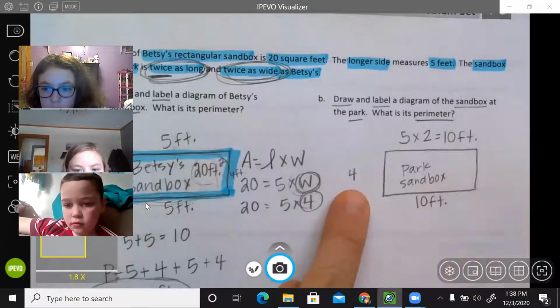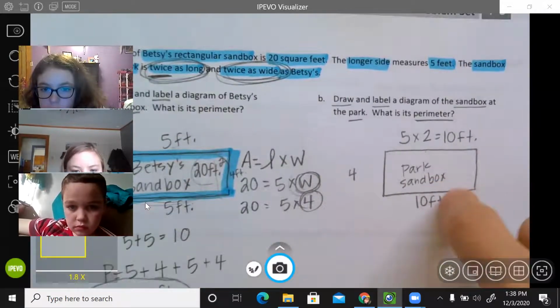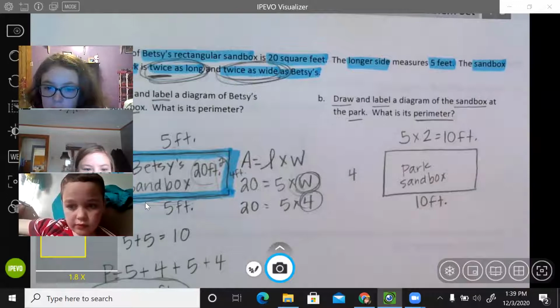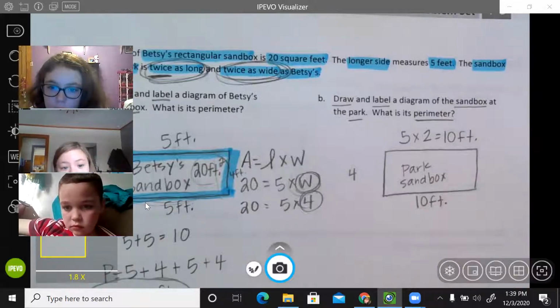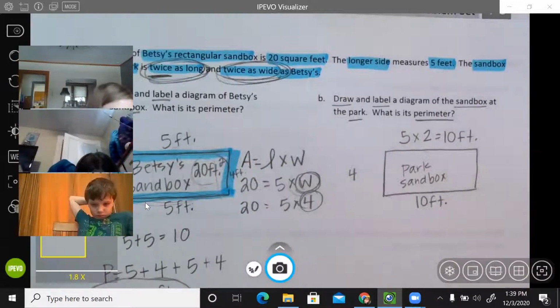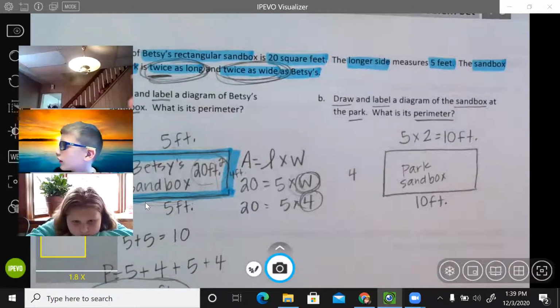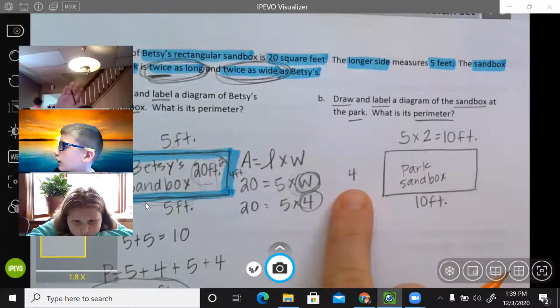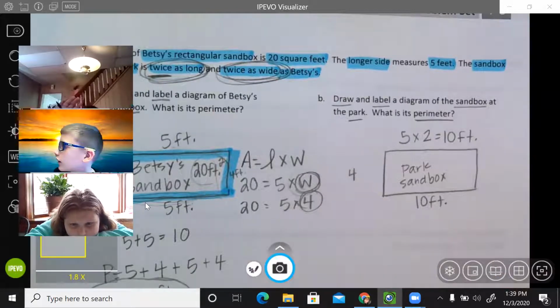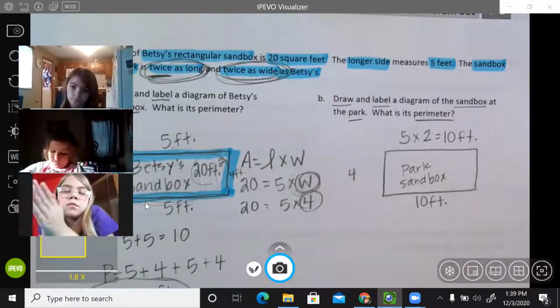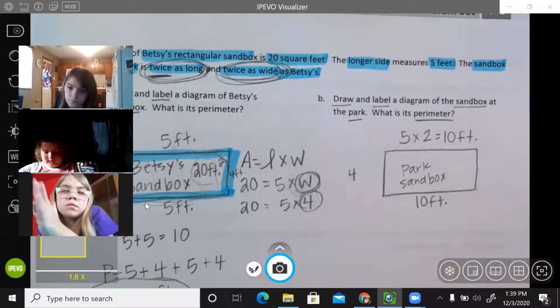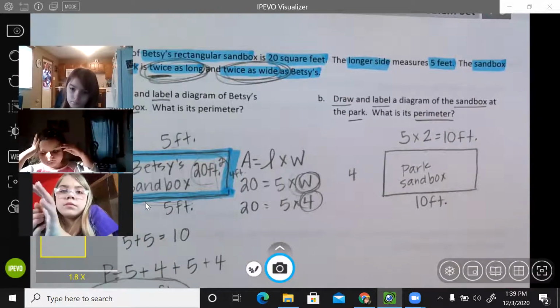So what am I going to do to this 4 to figure out the width of this box? If something's twice as big, what am I going to do? What would I do to make 4 two times bigger? Sunny, you want to help him out?